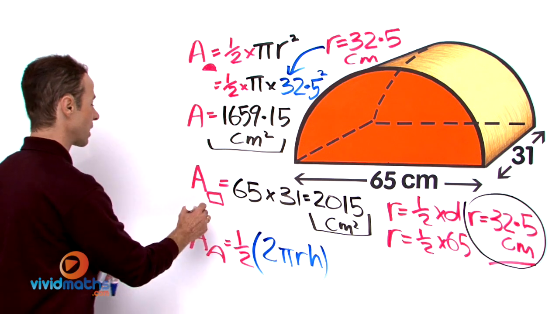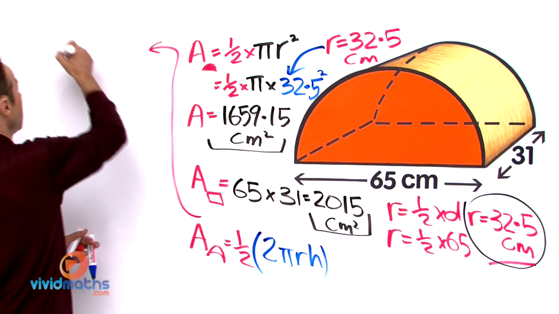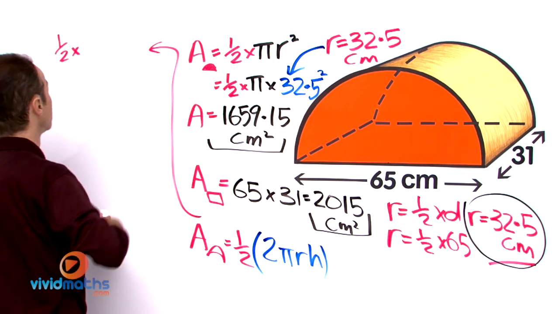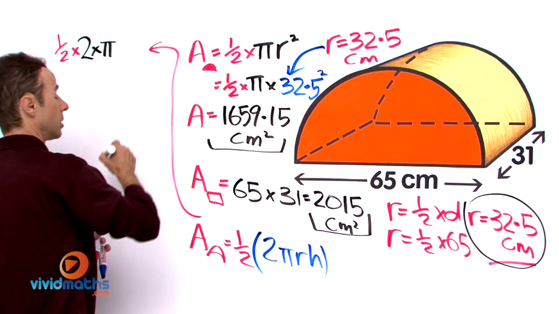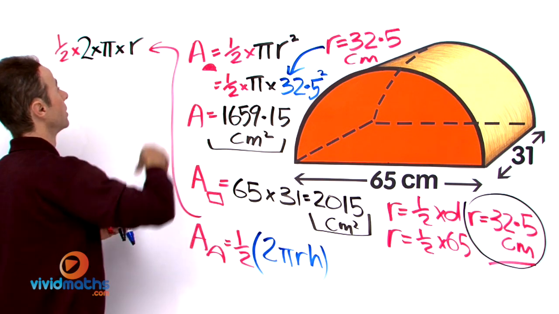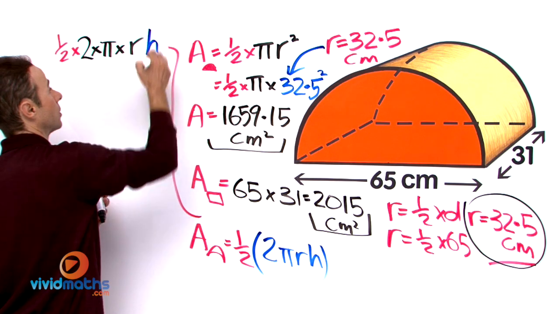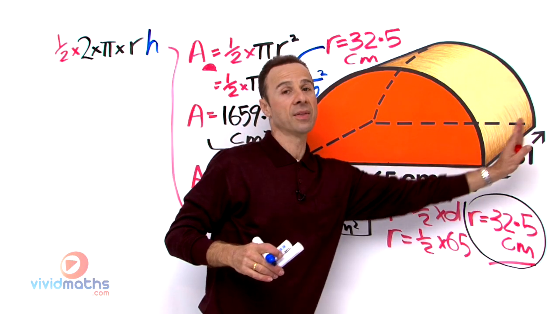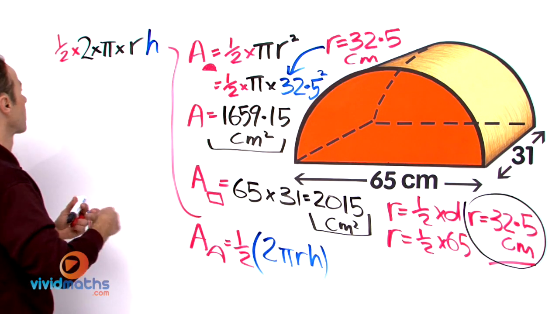So let me just bring this up over here. So 1/2, and the height, which is the height going across that way there. That's the height there, 31. So let's put the numbers in there.